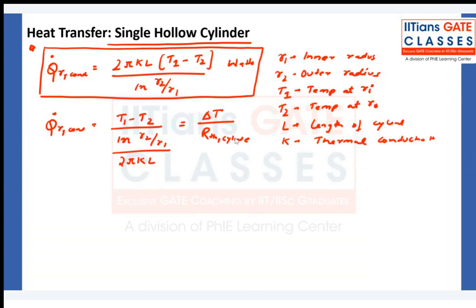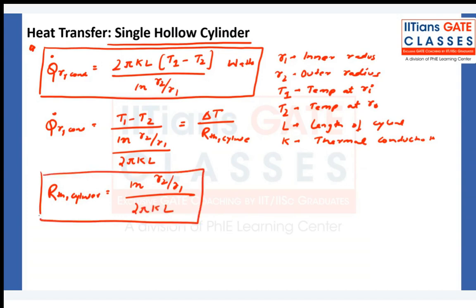So the thermal resistance in a cylinder is ln R2 by R1 over 2 pi KL. Very important: it is only valid for a hollow cylinder. Clear? And the unit will be Kelvin per watt.